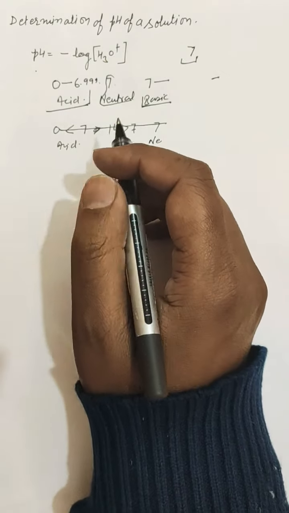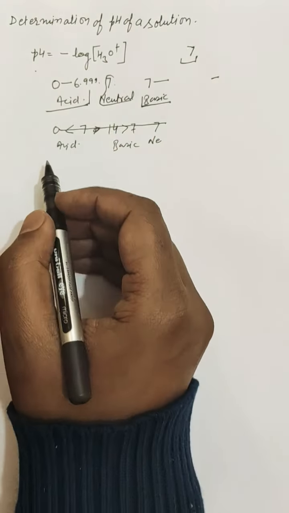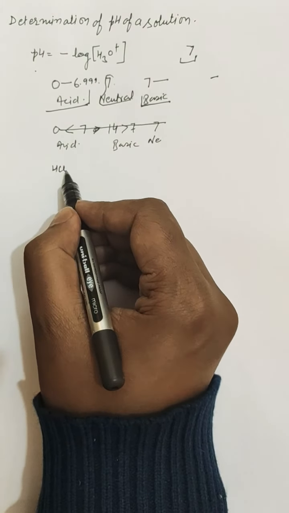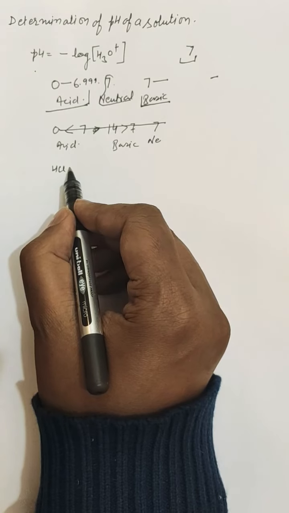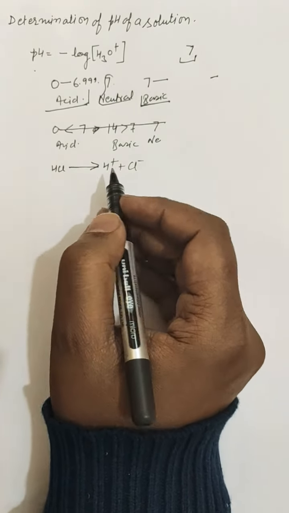So this is the pH of the solution, and pH is the negative log of hydronium ion concentration. Hydronium ion concentration means, suppose you have a solution of HCl of particular concentration, it will dissociate into a proton and Cl negative.